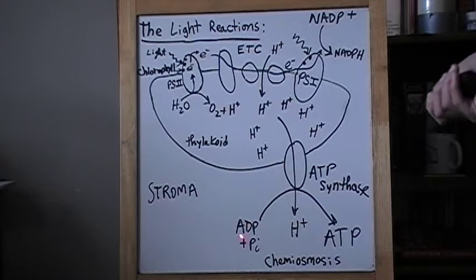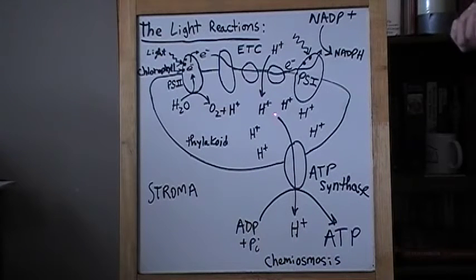So ADP and inorganic phosphate are combined to form ATP, and this is called chemiosmosis, where the hydrogen ions flow down their concentration gradient to form ATP.